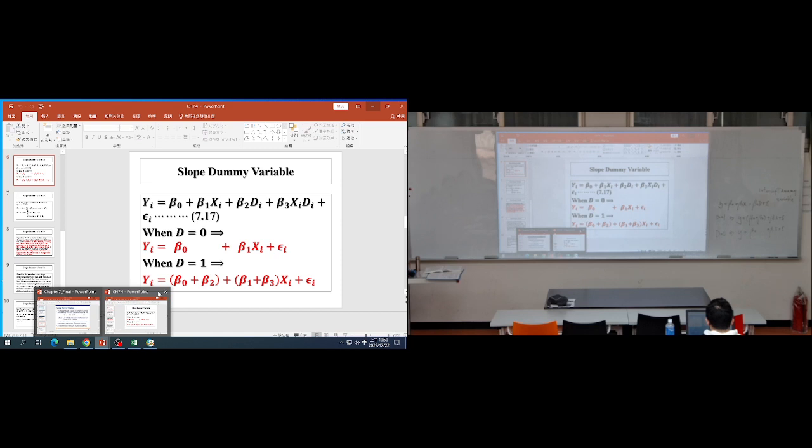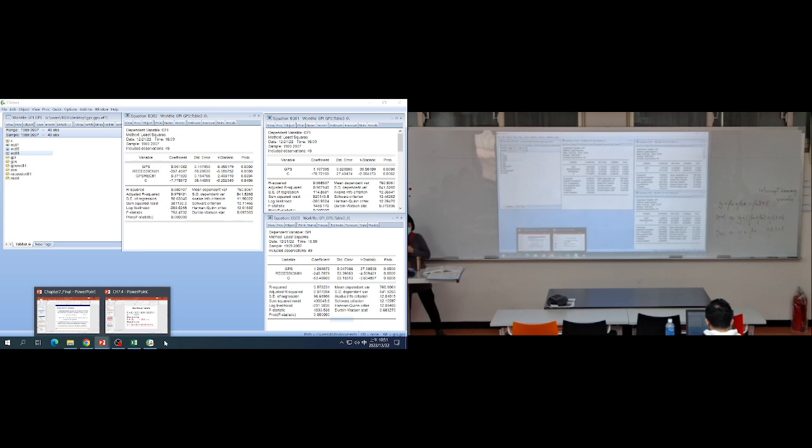When you explain 0.95, this is the relationship before recession, right? If it is after recession, you need to add 0.95 plus 0.37.